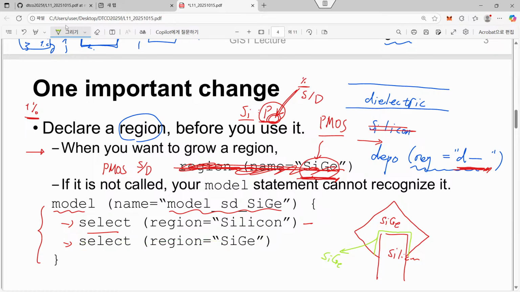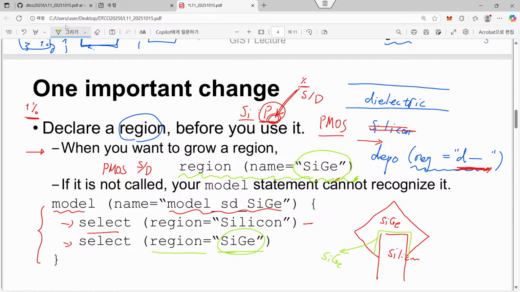You must also include this already existing silicon germanium region. But the point is, when you neglect this region assignment or declaration, then the name silicon germanium is not recognized by the Armstrong-Craft code. So that's the reason why this one becomes quite ineffective.